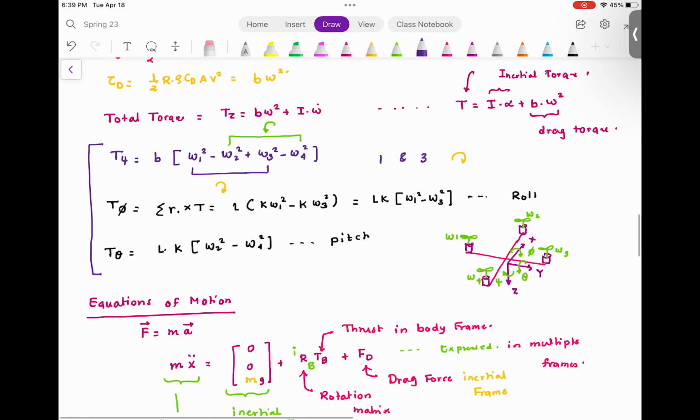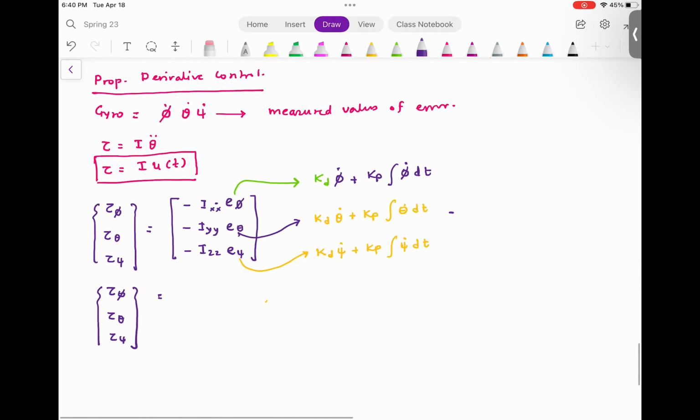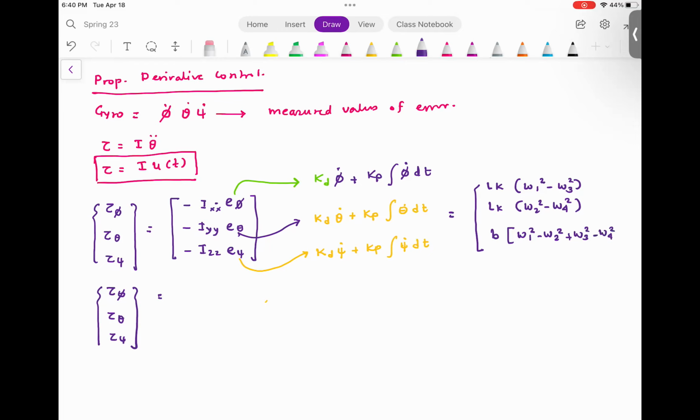So what that means is, at the end of the day, this needs to be equated to Lk (omega 1 square minus omega 3 square), Lk (omega 2 square minus omega 4 square), and b (omega 1 square minus omega 2 square plus omega 3 square minus omega 4 square).